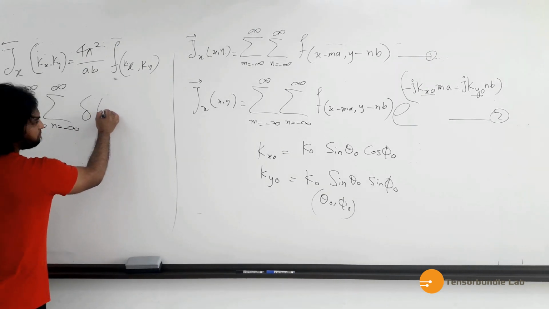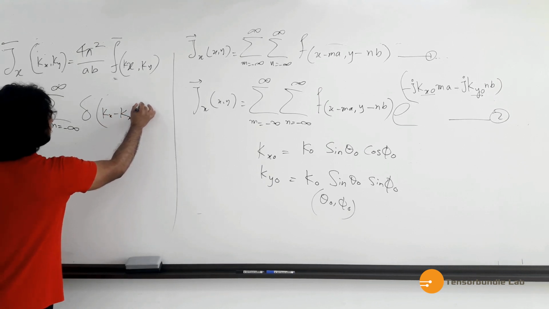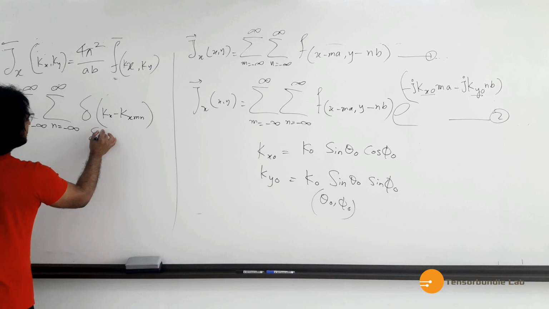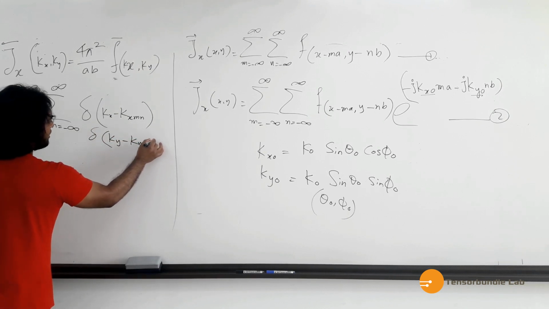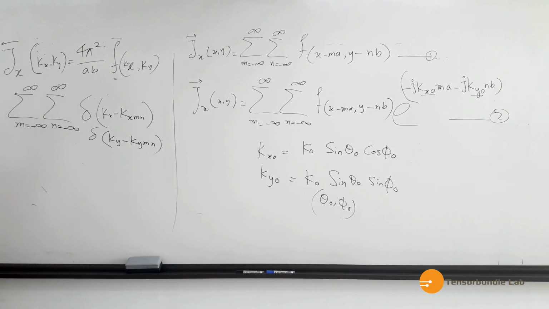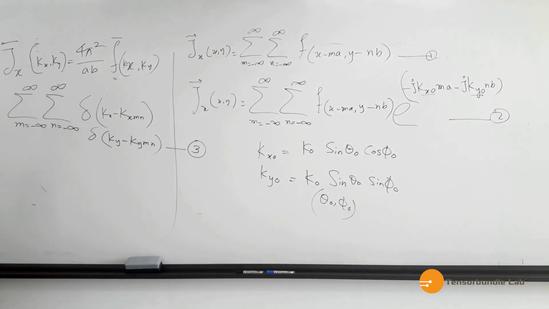So it will be delta of (kx minus kx,mn) multiplied by the Dirac delta function of (ky minus ky,mn). Okay, and let's define this as equation number 3.